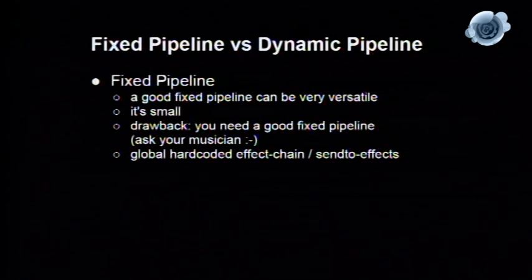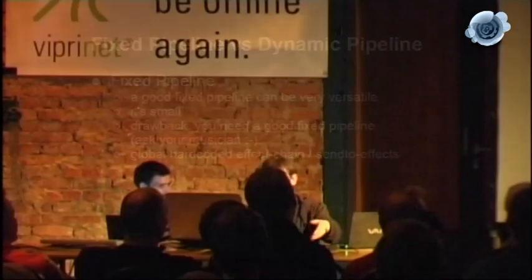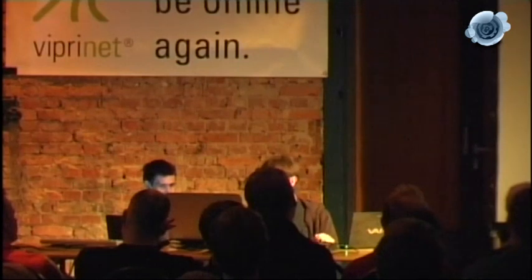It's small, and the only drawback is you need a good fixed pipeline. So if you don't know anything about synthesizer design in general, you should ask your musician about this. And in a fixed pipeline, you might have global hard-coded effect chains or send-to effects like that. You can say, okay, I want this instrument to have a bit of delay, reverb, if they're all hard-coded. So that's a fixed pipeline.